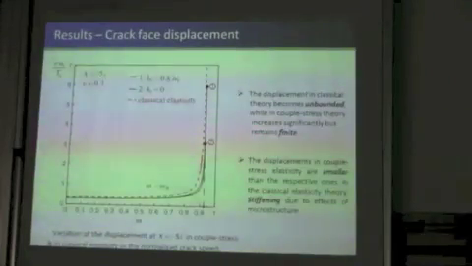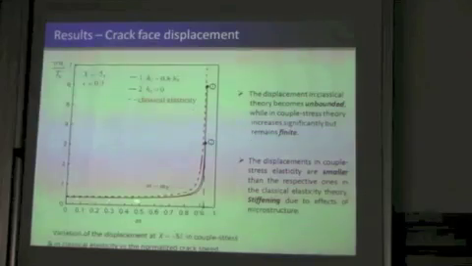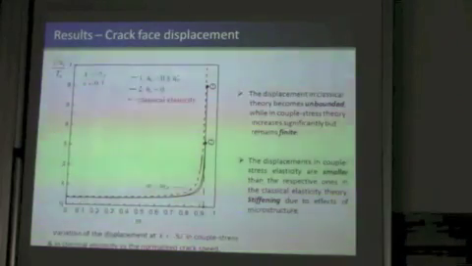Now, in this graph, we see the variation of the crack face displacement at a specific point along the crack faces, in coupled stress elasticity, which are the solid black lines, and in classical elasticity, with respect to the normalized velocity of the crack.